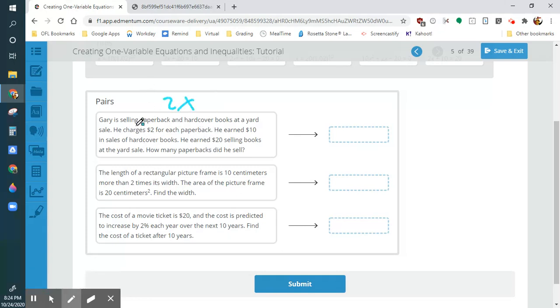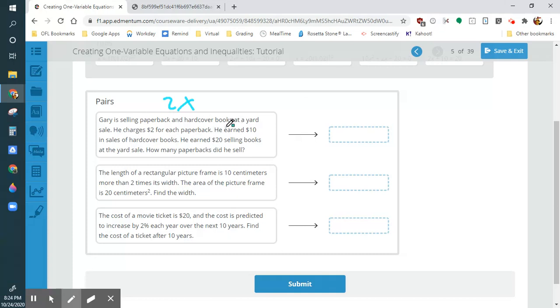He earned $10 in sales from hardcover books. He earned $20 selling books at the yard sale. How many books did he sell?